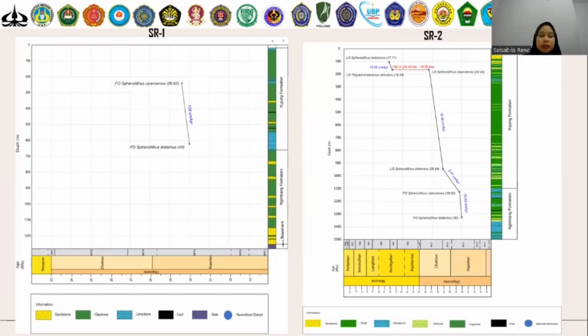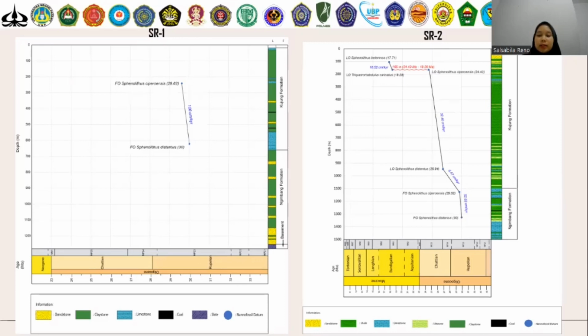For the sedimentation rate, in SR1 there is only one sedimentation rate found, which is at NP23, and it has a sedimentation rate of 100 centimeters per kilo-year. For SR2, there are four sedimentation rates found, whereas NP23 has a sedimentation rate of 52.63 centimeters per kilo-year.